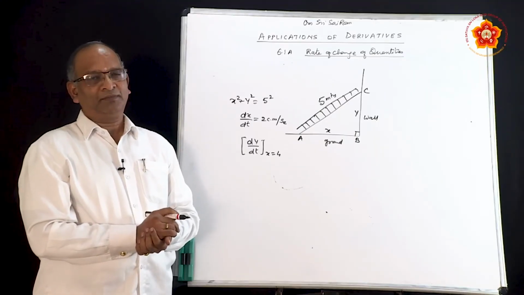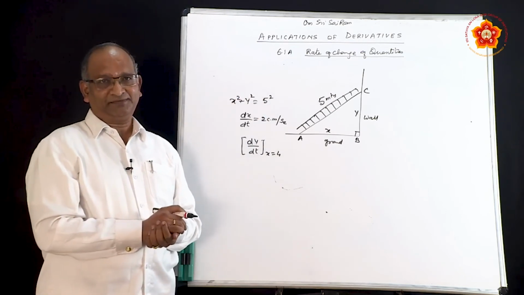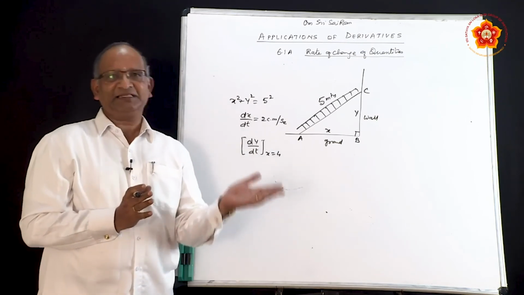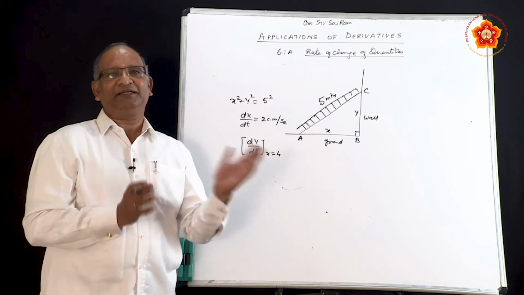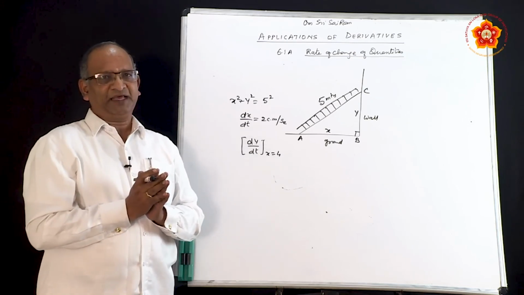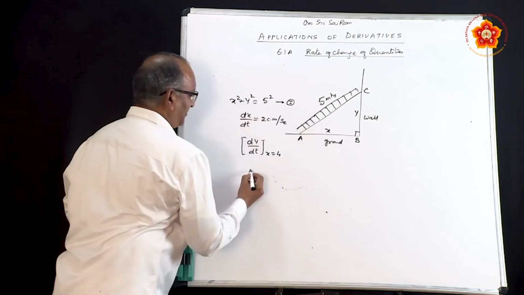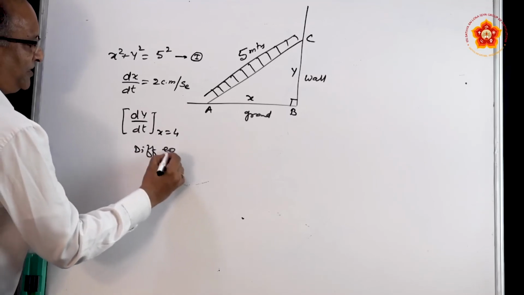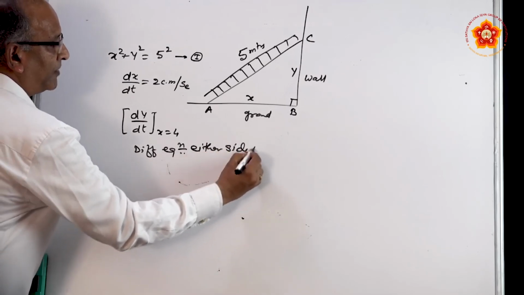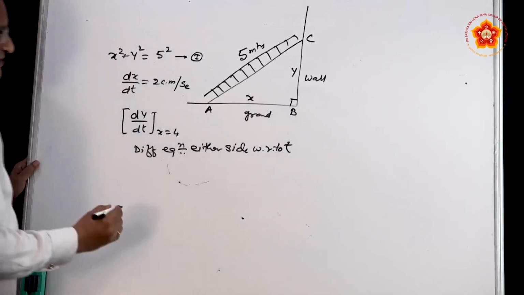How to solve? Very simple. This problem is more or less like the implicit function which we have studied. Differentiate both sides, because specifically neither x is expressed in terms of y nor y is expressed in terms of x. Together they are being expressed. If you wish, you can always express one in terms of the other, but directly we can do. So, let us call it equation 1, differentiating equation 1 either side with respect to time t.